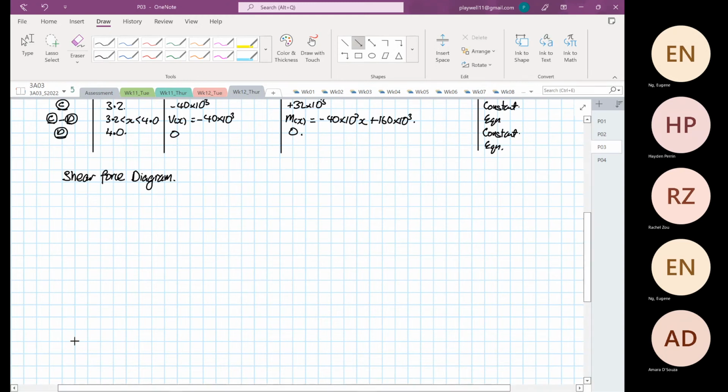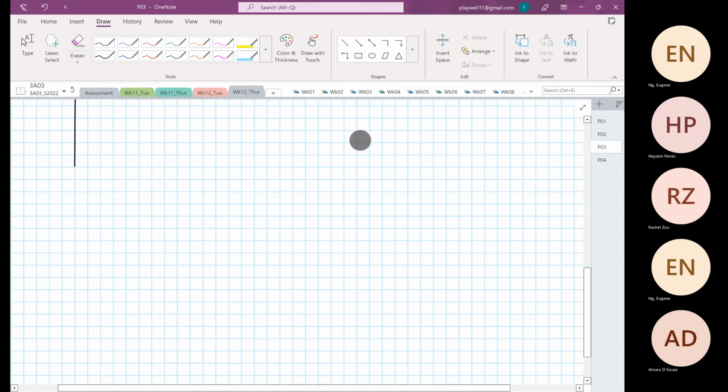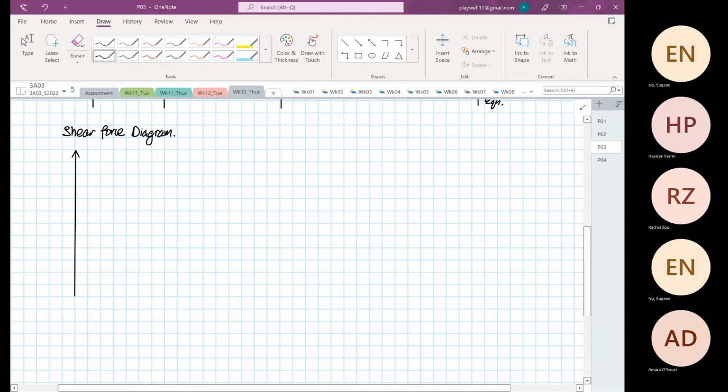So do I have space? Yeah, I do. V times 10 to the power 3 Newton is our shear force, so it's 80, 60, 40, 20, 0, minus 20, minus 40.